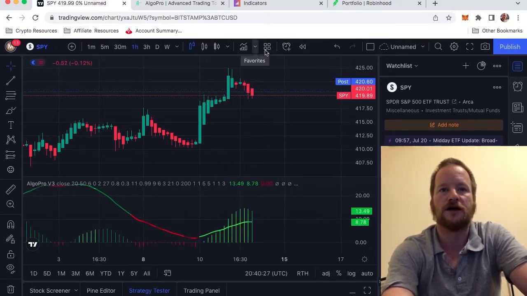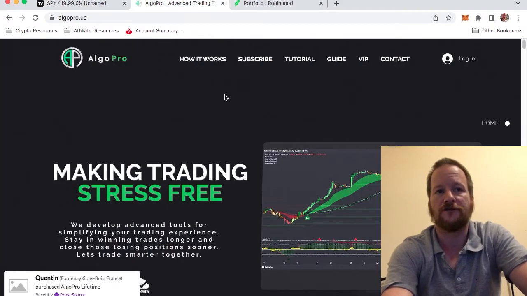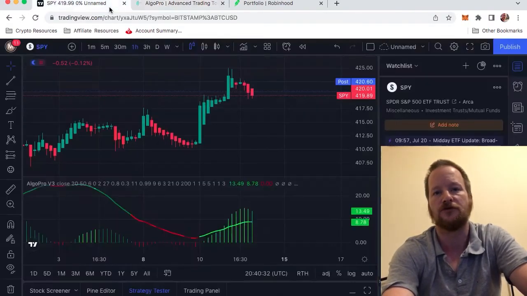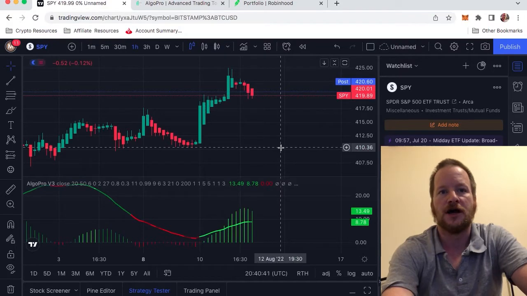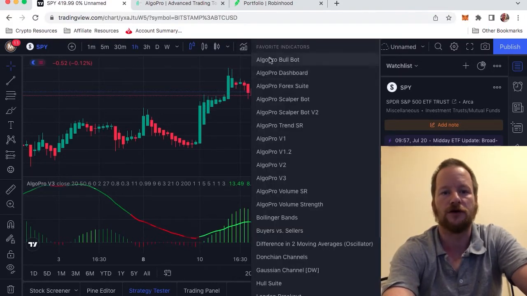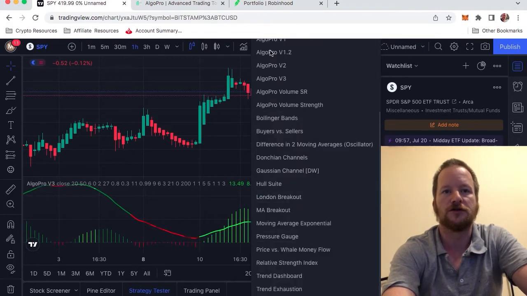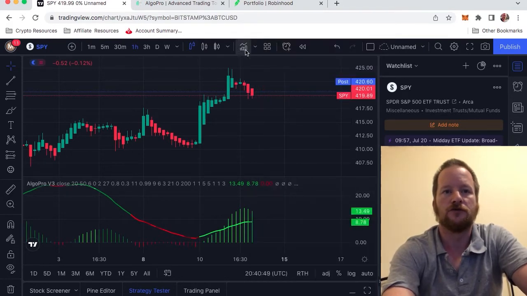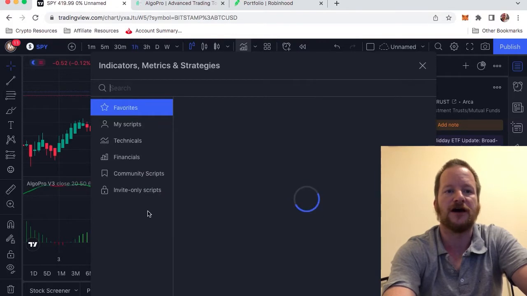Once you buy the AlgoPro indicators, you give the guy your TradingView name, the account you logged in with, and when you do, he'll give you invite-only scripts.